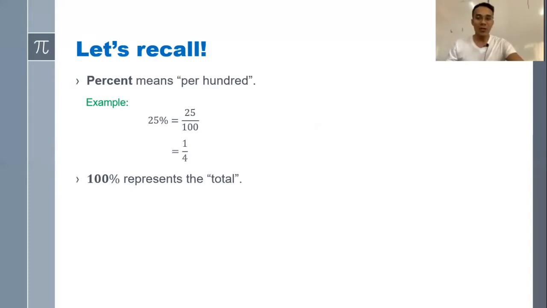Another thing that you need to remember is you have to take note that 100% represents the total. If we're going to talk about total, it is the 100%. For example, consider this bar model. And since this is my total, then I can say that this is 100%. Did you get that?